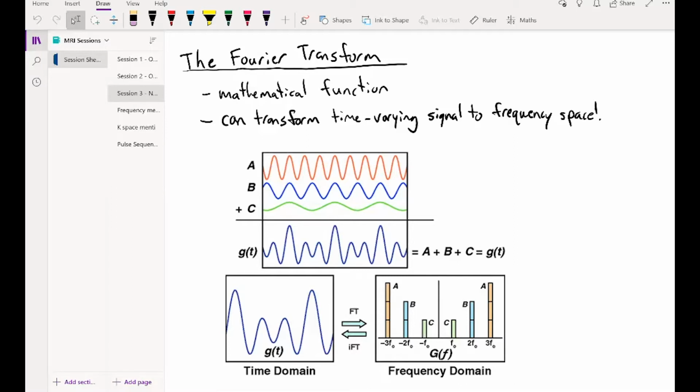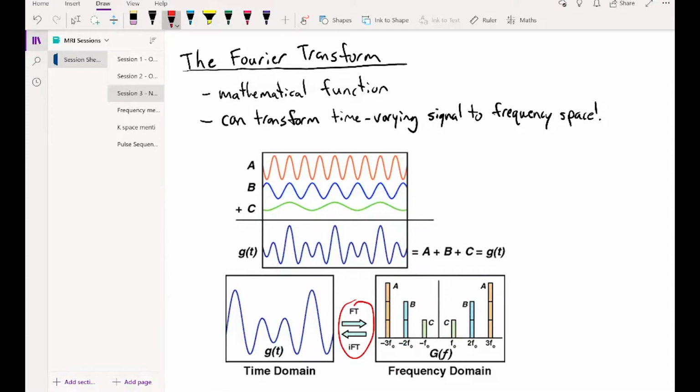So the frequency domain is at the bottom of this figure that I've pulled from a very handy website. That's the frequency domain there. And you can see that there are these arrows in the middle of this figure. The FT and IFT stand for Fourier transform and inverse Fourier transform. And it's essentially transforming the function on the left, which is in the time domain, into the frequency domain.